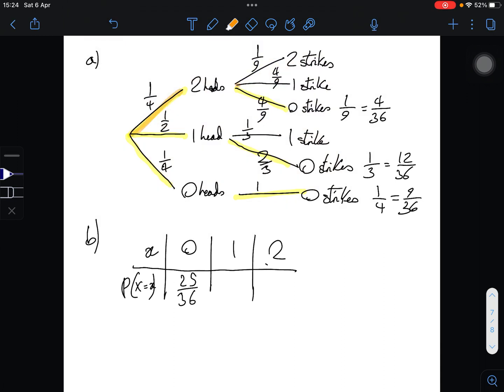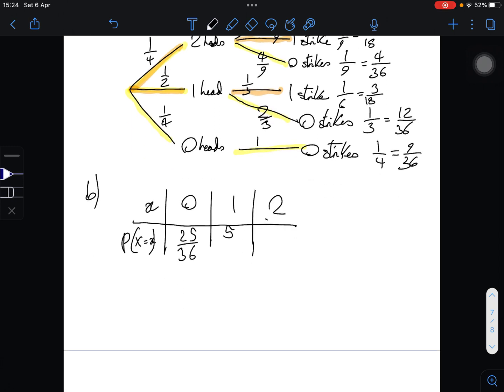Okay, probability of 1 strike, well, that's going like that, or like that. Again, just multiply them along the rows and columns, you get 1 over 9 here. And then for this one here, I'm going to get 1 over 6. Common denominator of 6 and 9 is 18, because both 6 and 9 go into 18, and so therefore this here would be the same as 2 over 18 and 3 over 18.